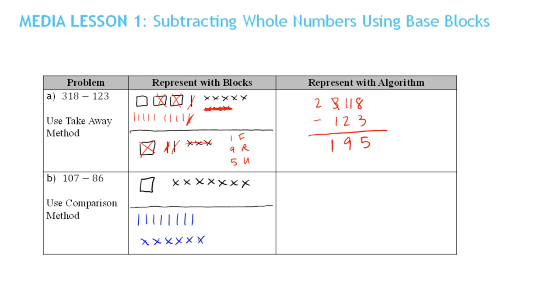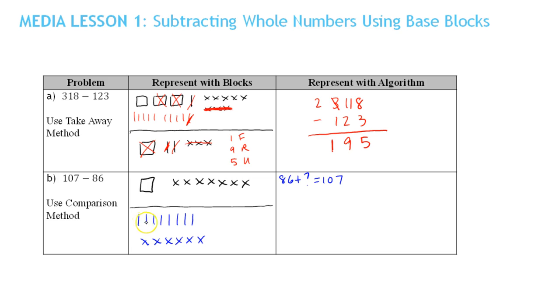With the comparison method, remember that the idea is we think of, put this right here, what do I add to 86 to get a result of 107? So I want to make 86 look like 107. I want to add something to it to get up to 107. So I'm going to change colors.